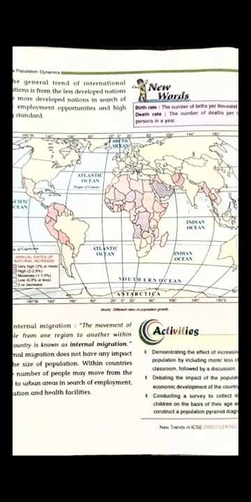For example, laborers from Bihar and UP who go to Mumbai for employment opportunities migrate from their region to Mumbai, which is termed internal migration.